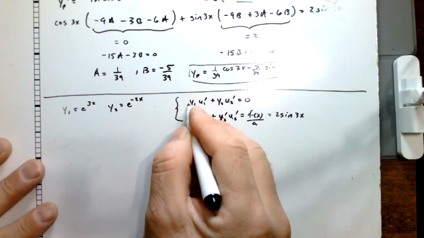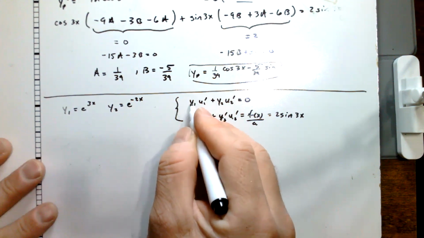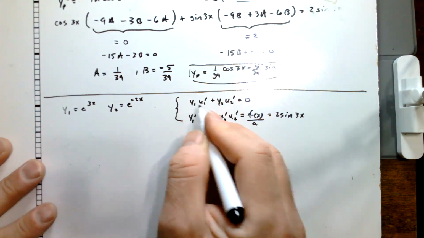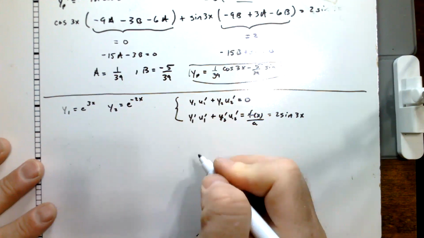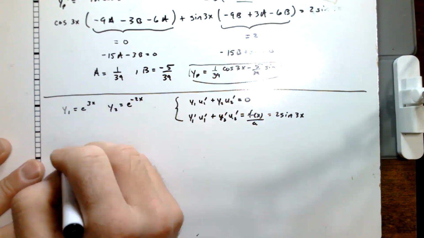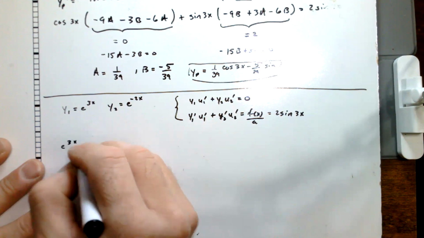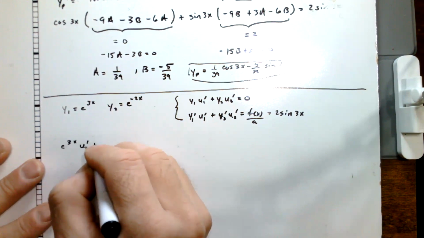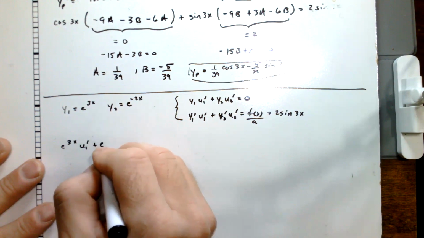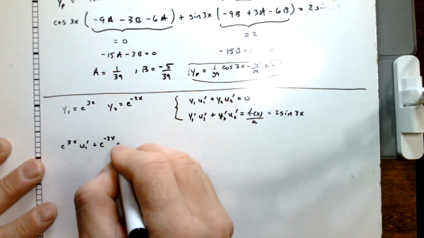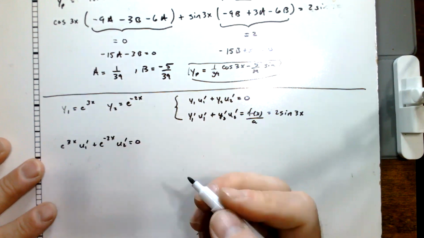So I'm going to work on the first equation here and solve it for u1 prime, and then I'll plug that into this equation and see what we can get out of that. So y1 is e to the 3x u1 prime plus y2, e to the negative 2x u2 prime, and that equals 0.